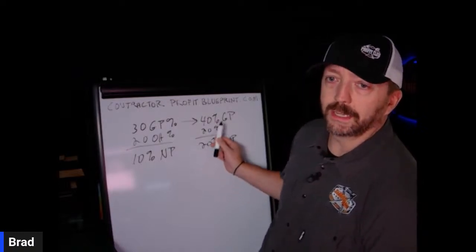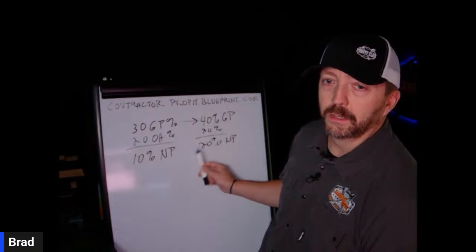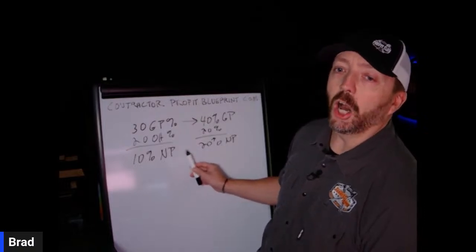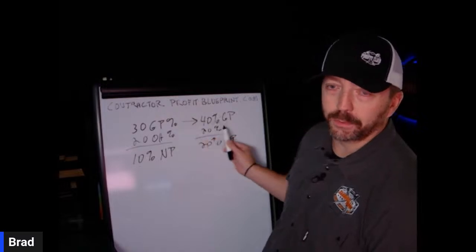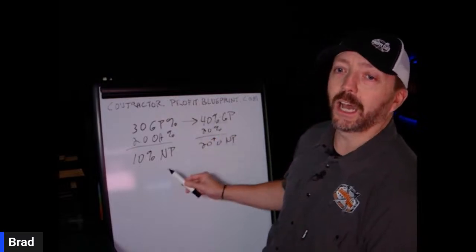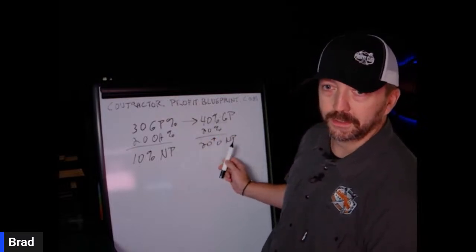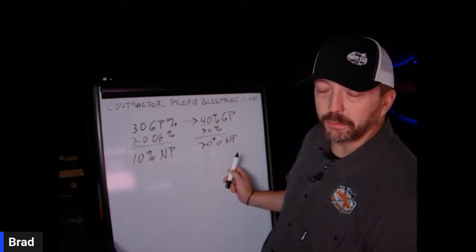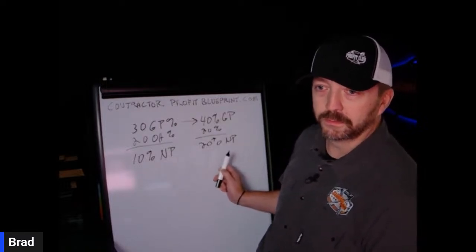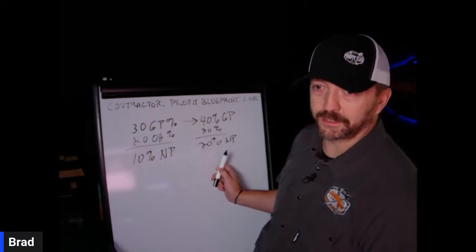Yes, you gain 10% or a 20% net, but you're getting a 100% increase in profit. This is not a 10% increase. This is a 100% increase. You're literally making 100% more. You guys understand that?